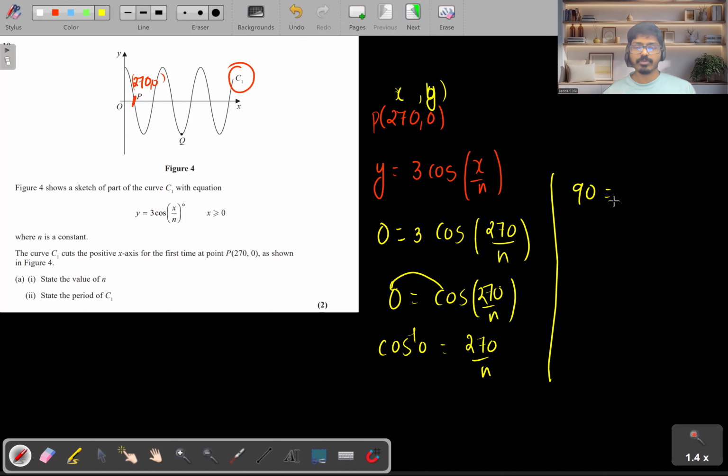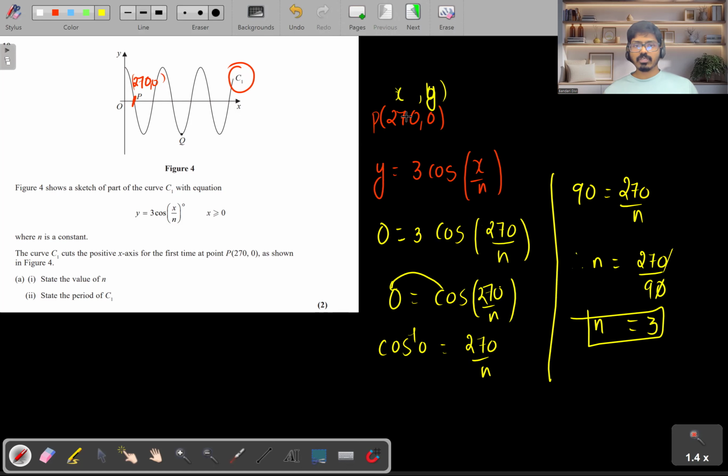If you have a calculator, you can type cos inverse of 0, which is 90. So therefore n is equal to 270 over 90, which is n equals 3. If you cancel out the zeros, 9 times 3 is 27, so our n value is 3.